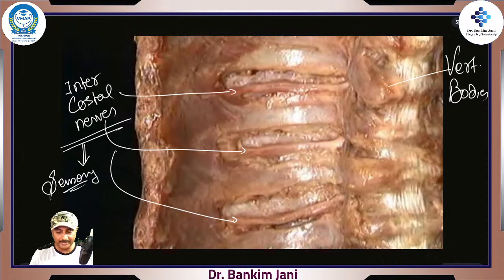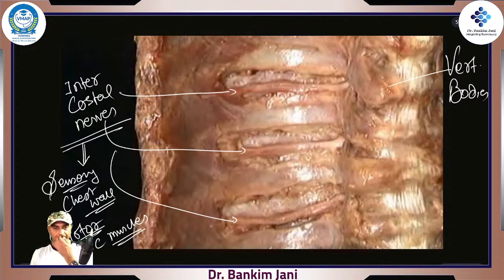Sensations from where? Obviously, from the chest wall. So for chest wall, it is sensory. And for motor, the name itself is telling, intercostal. So it will be motor to intercostal muscles. Right? Done. So these are intercostal nerves.